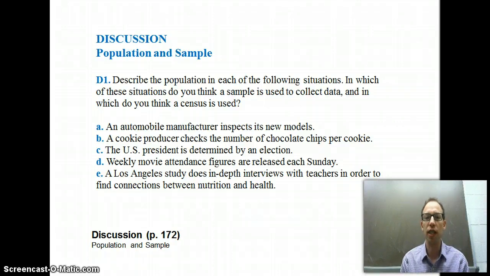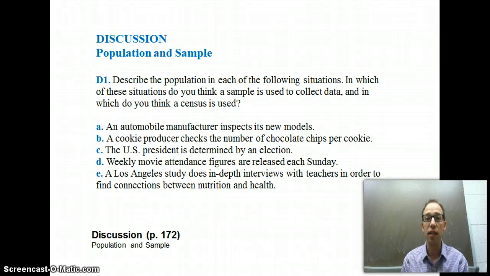So what you can do on these is when you get to a slide with these, you can pause it, read it, familiarize yourself with it, and then replay, because I don't want to read word for word all of these slides. In this first discussion, we're looking at the difference between a census and a sample.